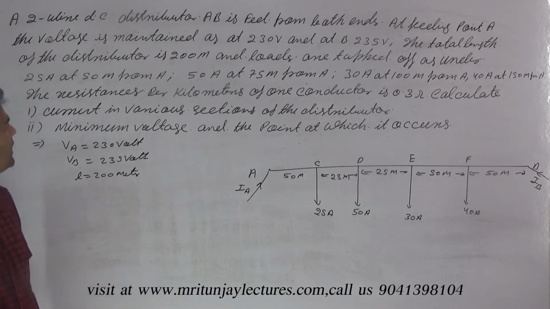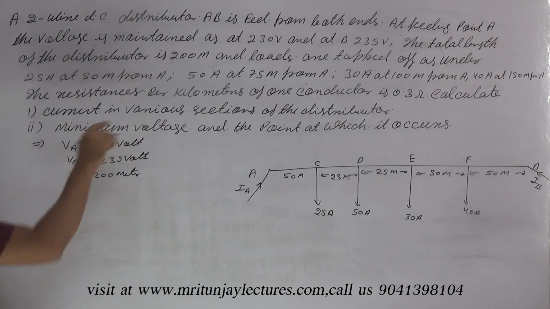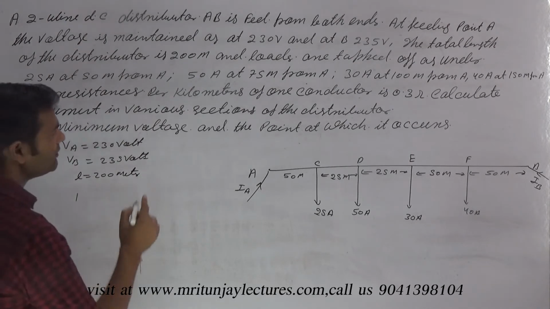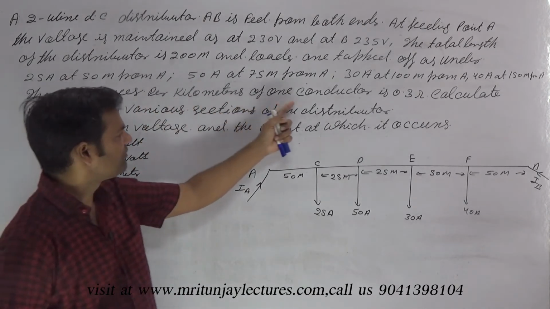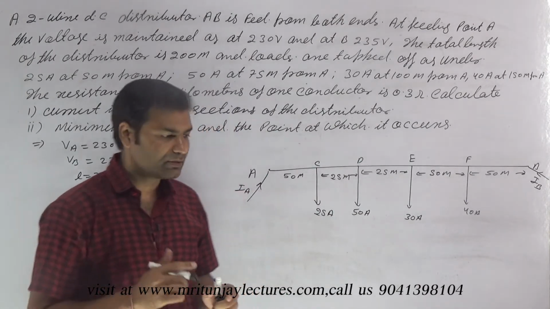Now the resistance per kilometer of one conductor is 0.3 ohm.